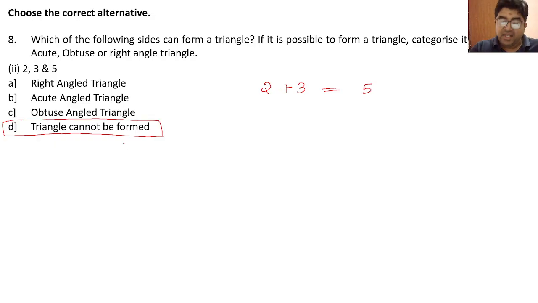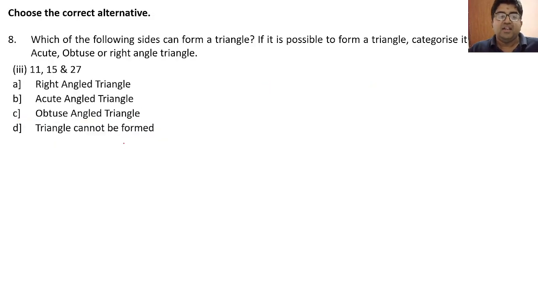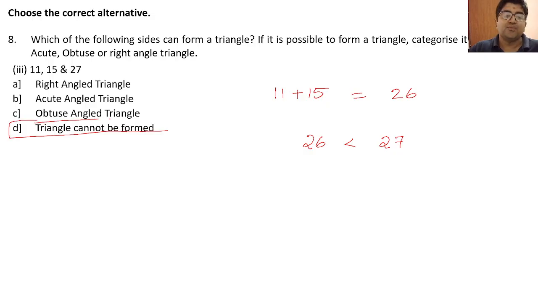In a similar manner, consider 11, 15 and 27. The sum of 11 and 15 comes as 26. The sum of any two sides should be greater than the third side, but here 26 is less than 27. It means that the triangle cannot be formed.